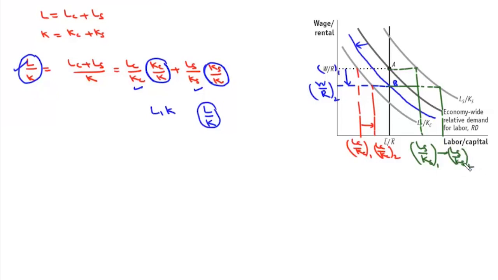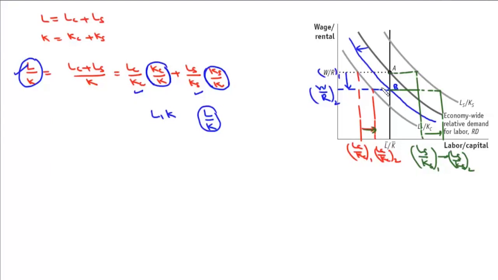So an increase in the relative price of computers will result in fall in wage to rental ratio from WR1 to WR2, and these lower relative wages will increase labor to capital ratio for both the industries. So with increase in relative price of computers, LC upon KC will increase. LS upon KS will also increase. So the only factor which is going to decrease is the amount of capital available for shoes.